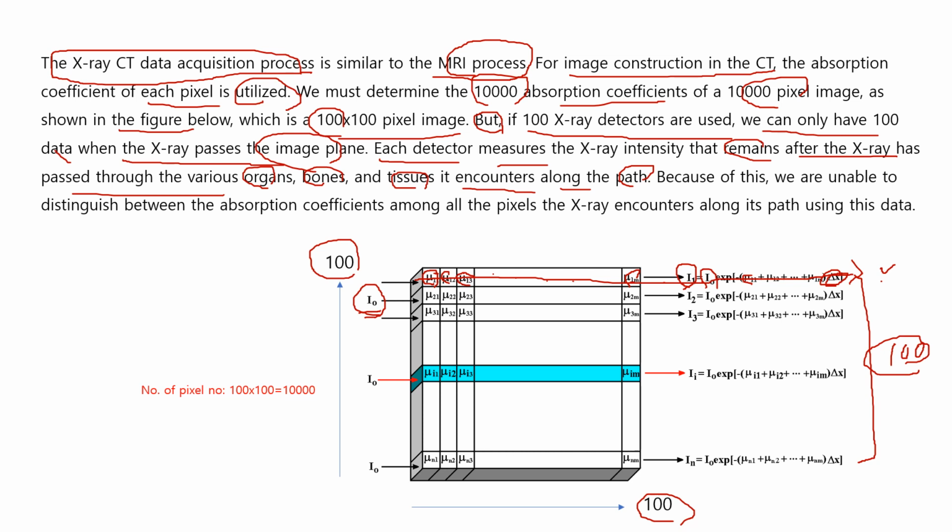but this X-ray passes through various materials, organs, bones, and tissues. So we cannot get the absorption coefficient from this data.